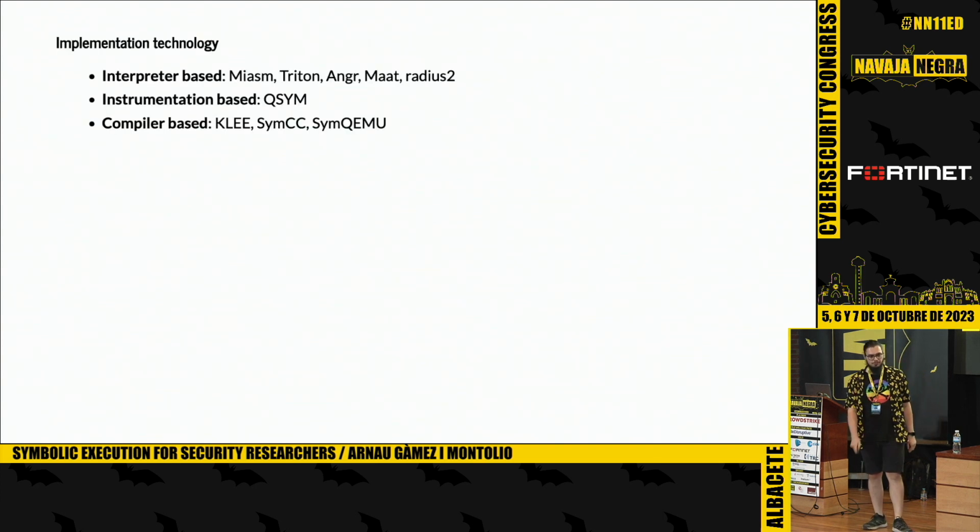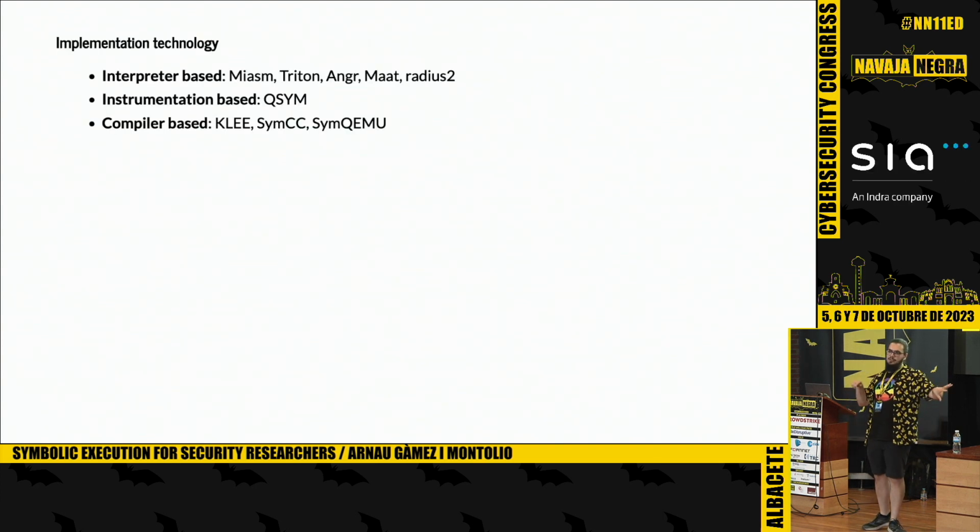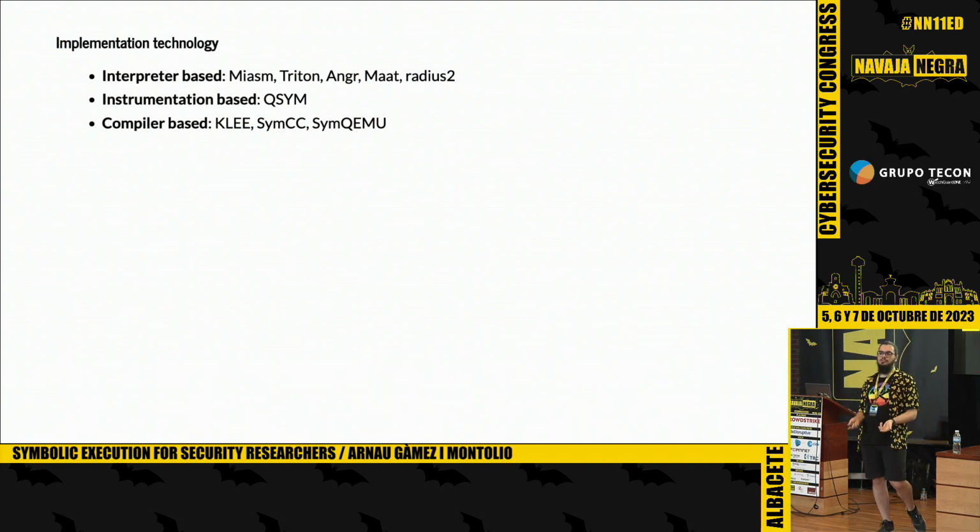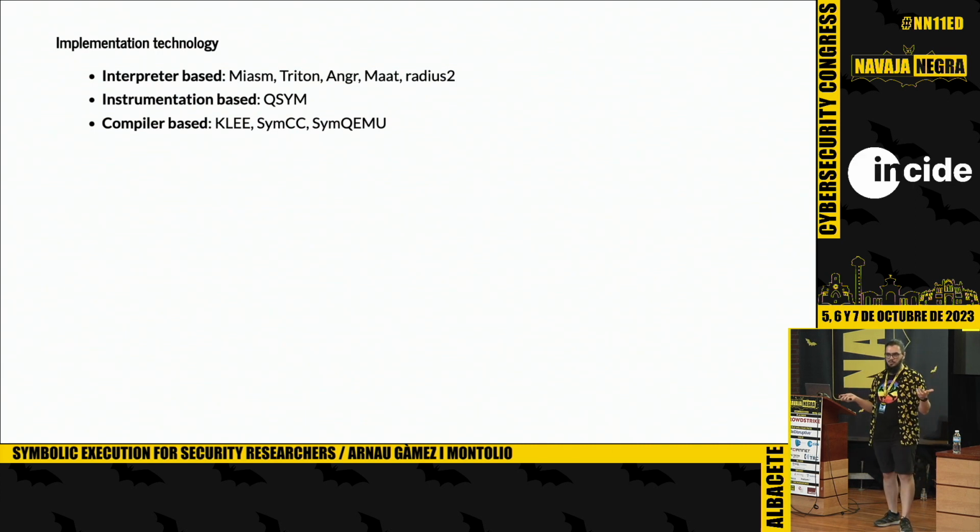But essentially we can differentiate symbolic execution tooling depending on different areas of interest. Okay, one is the technology. So how is that symbolic execution engine implemented? The most common ones are interpreter-based, and interpreter-based is what we saw in the example before. We just read the code, if it's assembly or whatever, and are building those structures from the code that we are parsing, essentially.